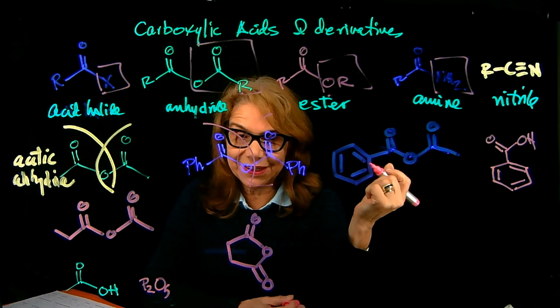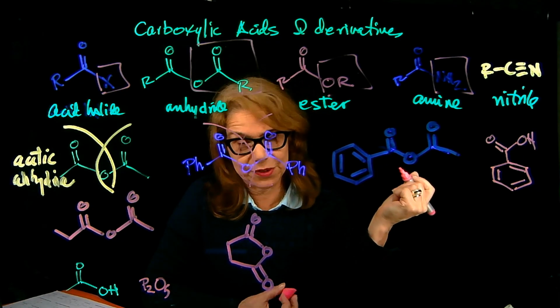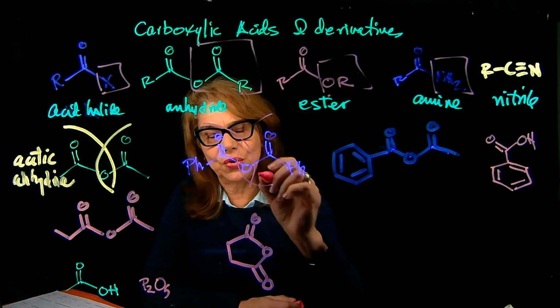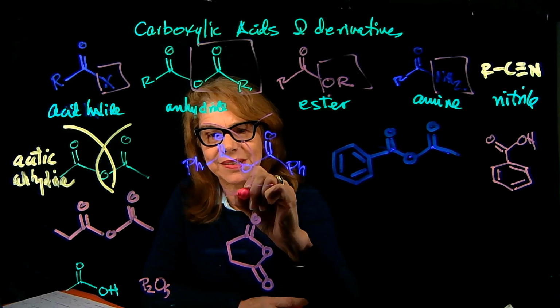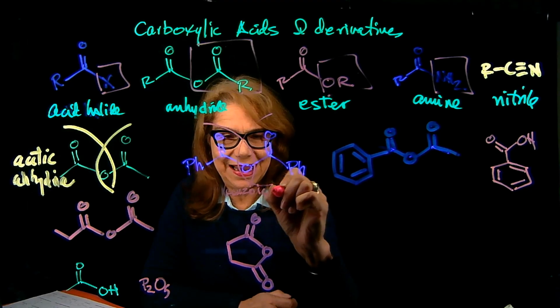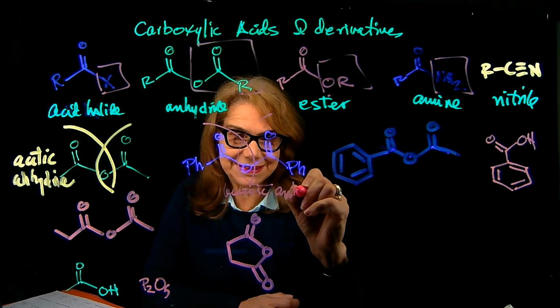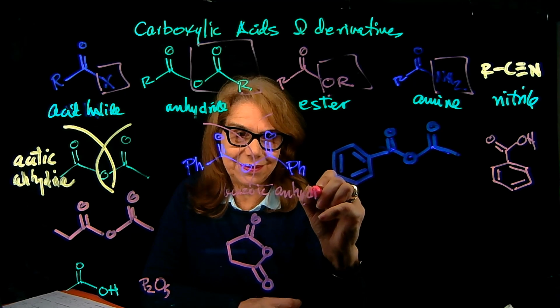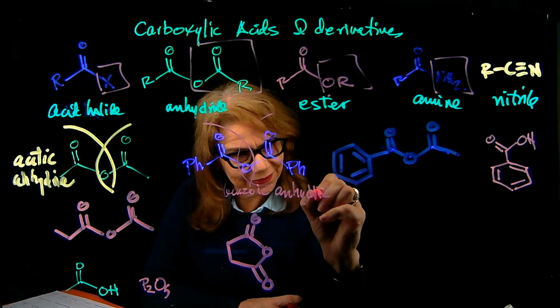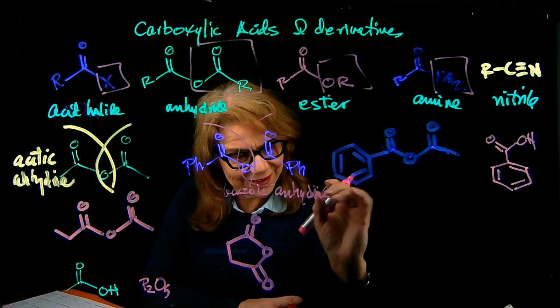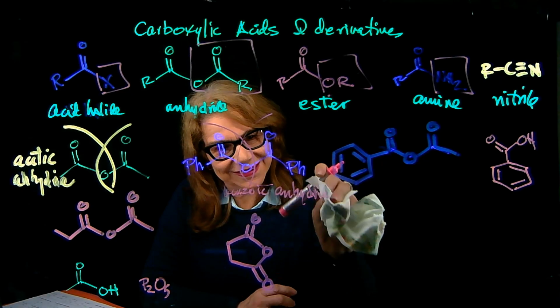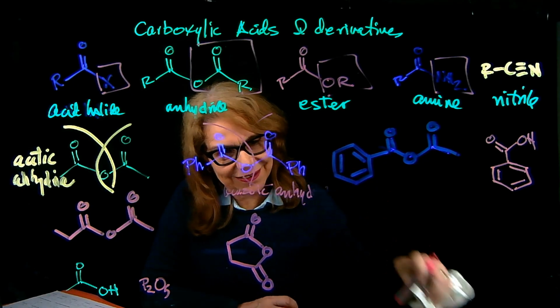So again, another example of a symmetrical anhydride. So you will name this as benzoic anhydride. Well, that's supposed to be an R. Let me write it again. Anhydride.